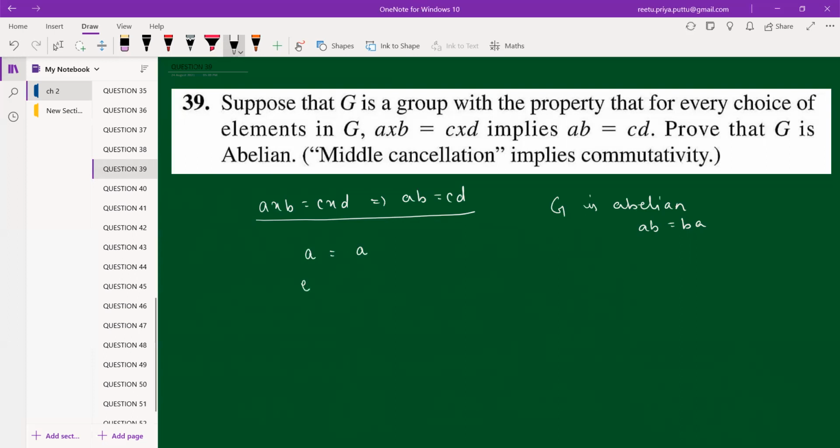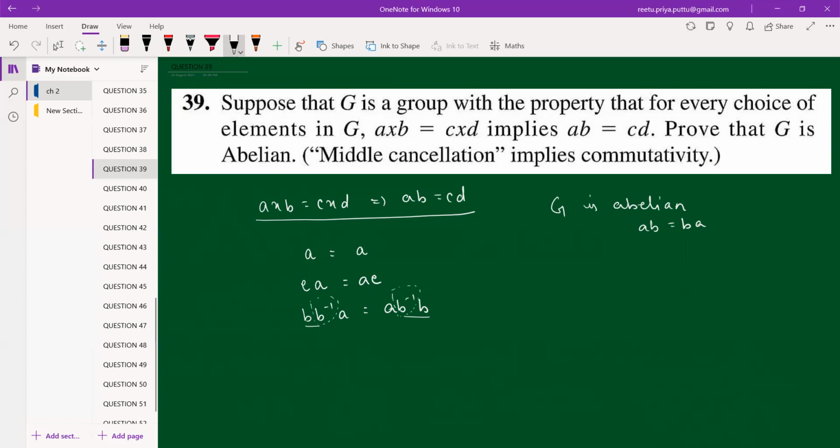And I also know that from whichever side I multiply with the identity, it will remain the same. So E equals AE. Now what is E? Identity. So identity I can write as BB inverse, and even as B inverse B. Why have I written it in such a way? So that my middle terms get cancelled and I get what I want.